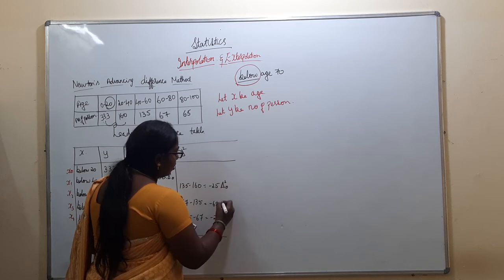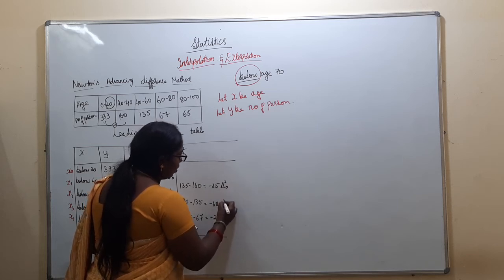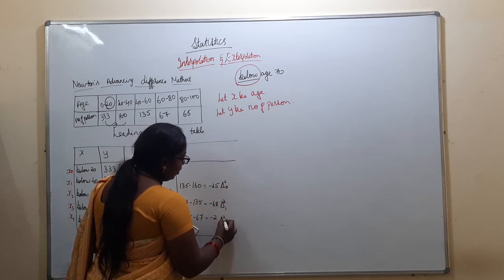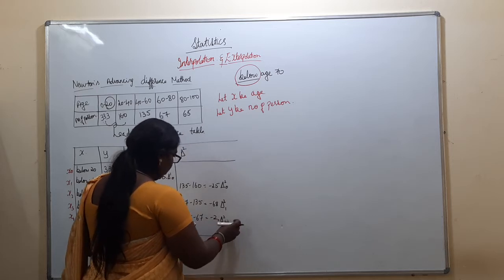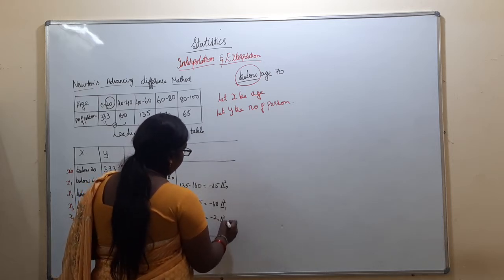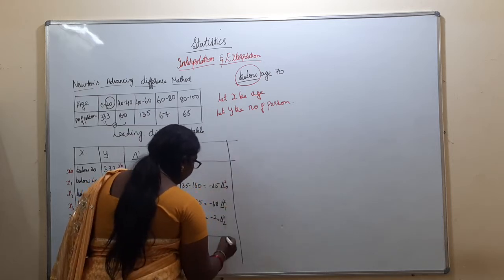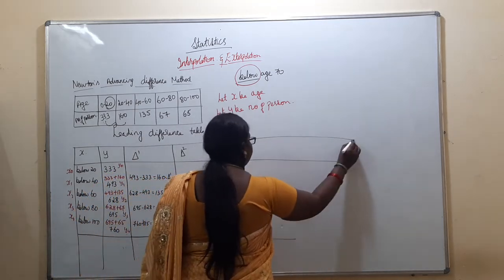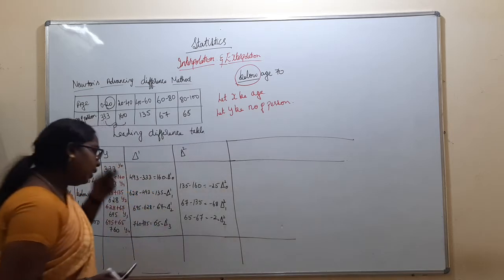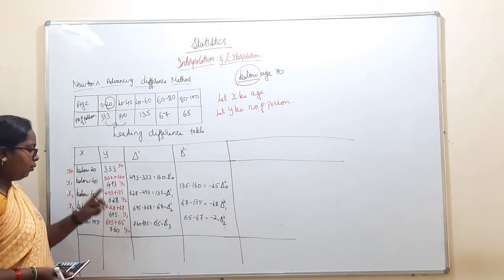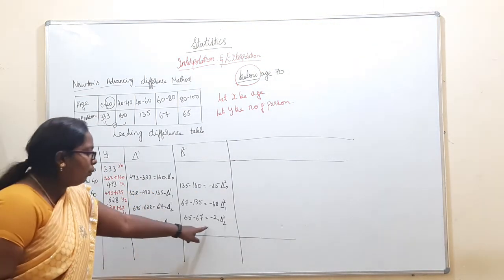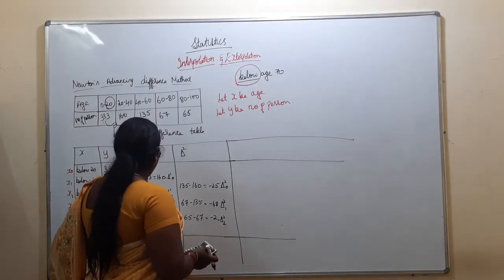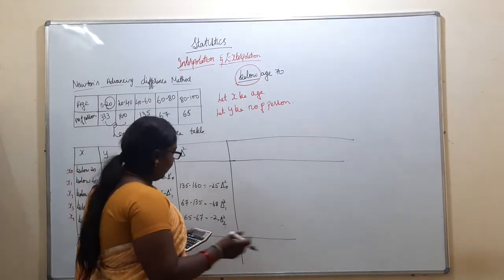Delta square y0, delta square y1, delta square y2. Then 4 factorial, then 3, 2 have been reduced.